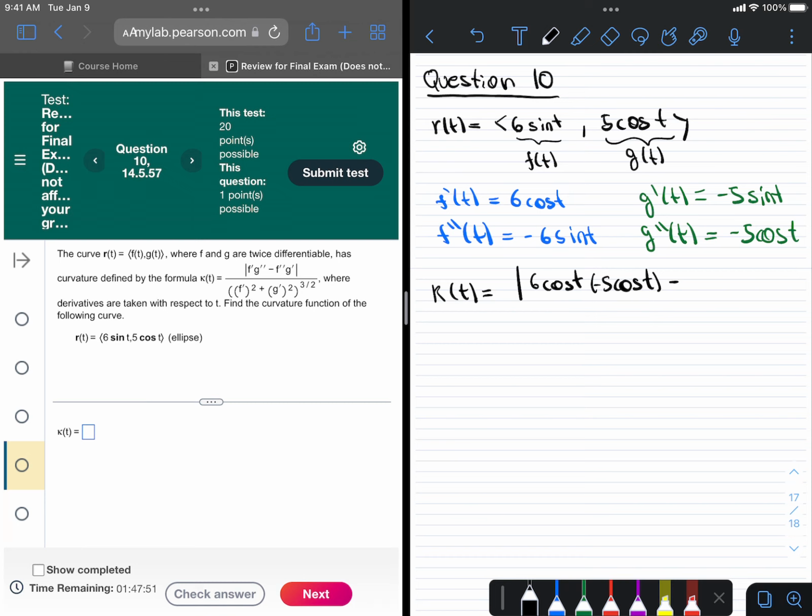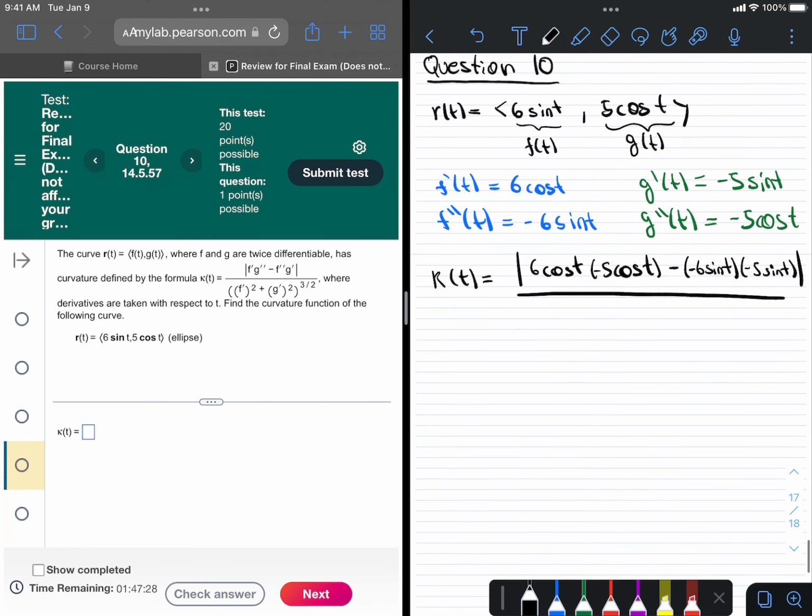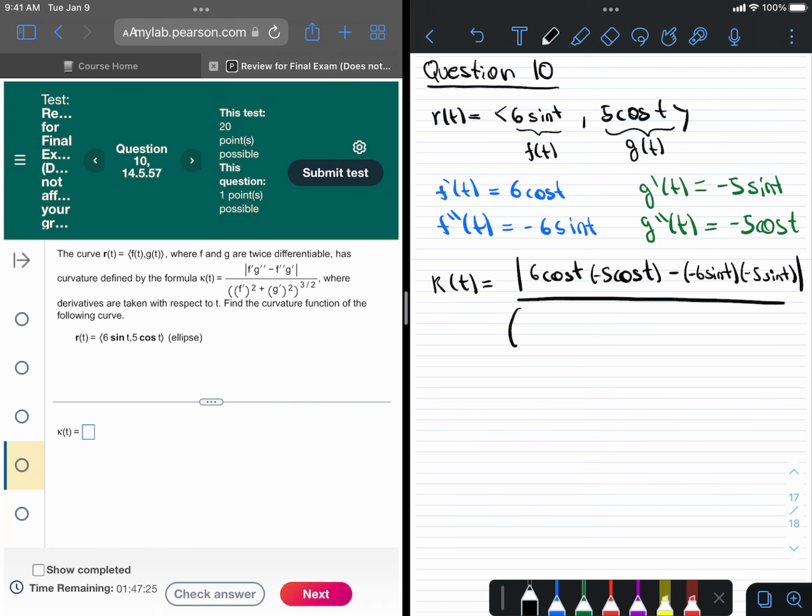minus f double prime, and f double prime is negative 6 sine t, and g prime, which is minus 5 sine t, all that divided by f prime squared, so this thing squared, plus g prime squared, this being a 5 there, to the 3 halves.